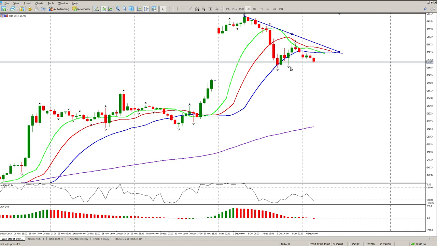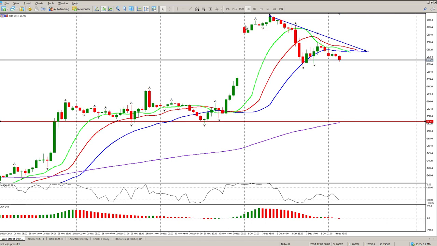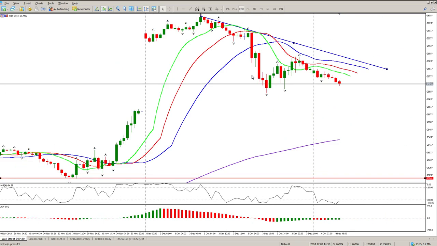So what I want to see is the buyers should step in sometime, even if they do push it down to close the gap here. So long as we stay above this area here, so we stay above 25,240, we should be fine. Okay, so that's my view of this for today. Hope it helps.